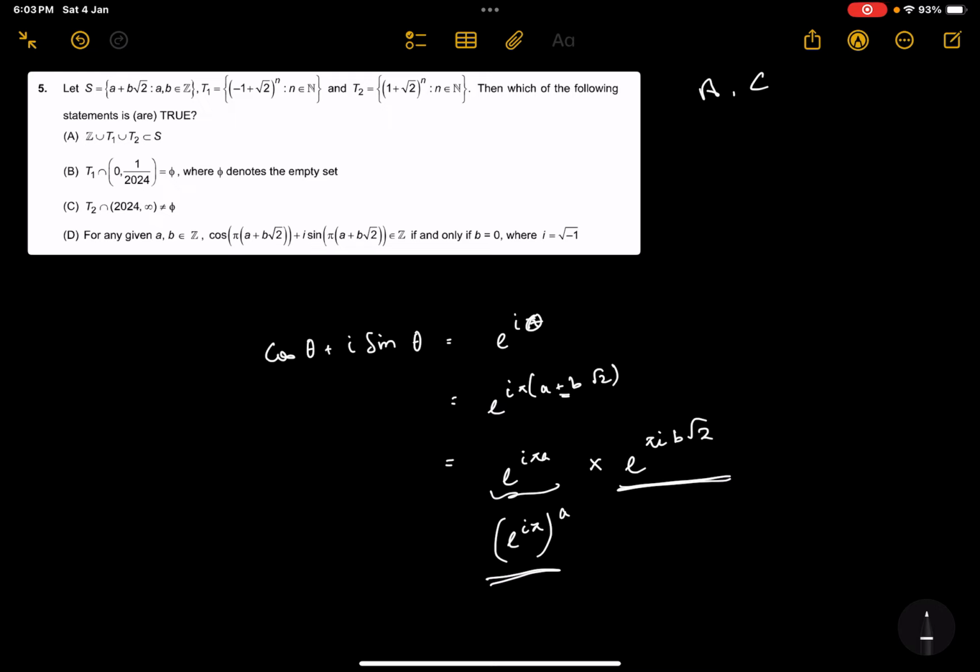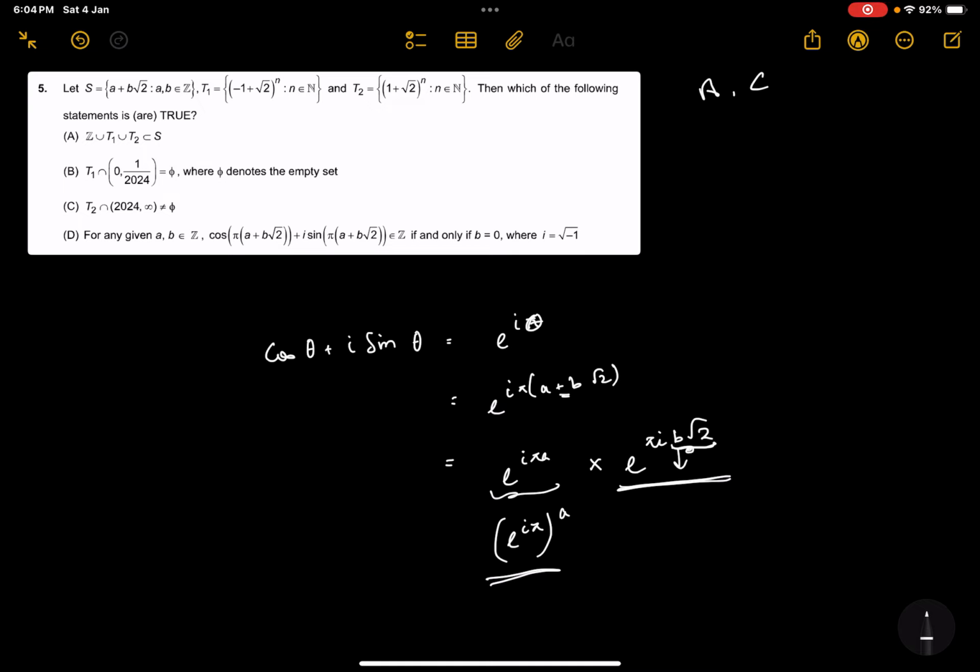So it can also be plus or minus 1, but that would need this part to be an integer. But b is an integer, so b times root 2 would be an irrational number. It cannot be an integer. So this is possible only if b is 0.